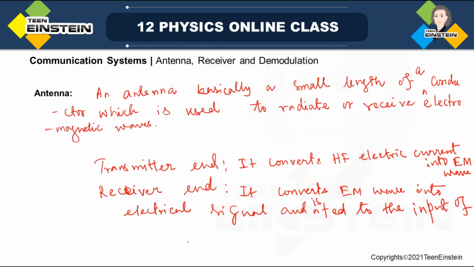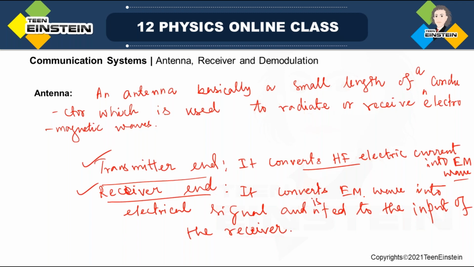So these are the roles of antenna. Antenna can convert the electrical current or electric signal into EM wave, and it can even receive and convert electromagnetic wave into electrical signal.